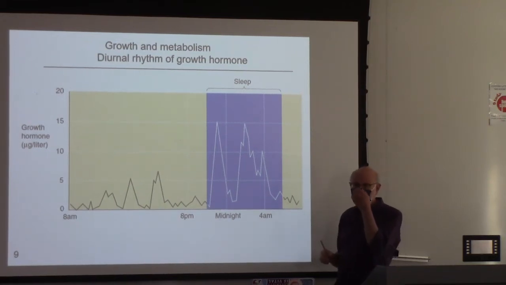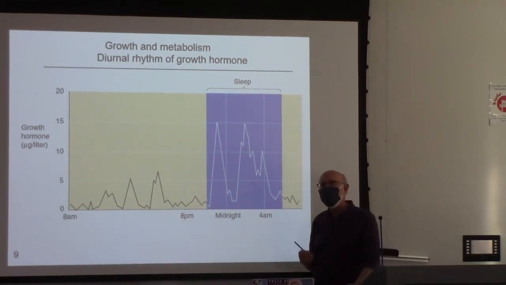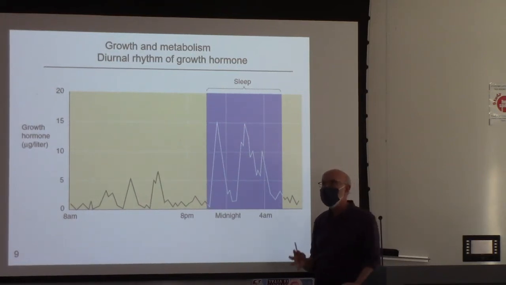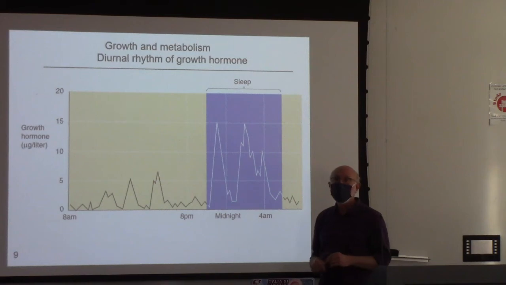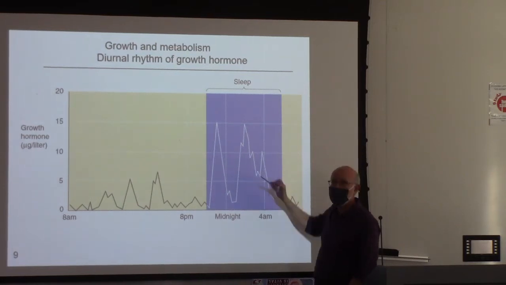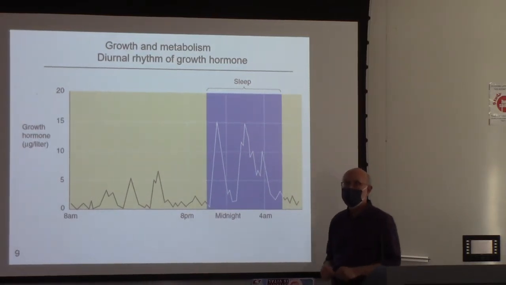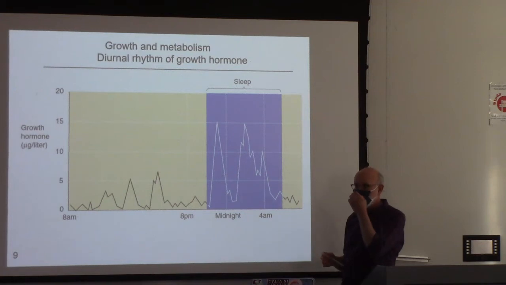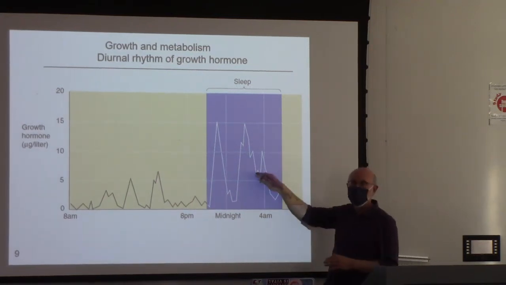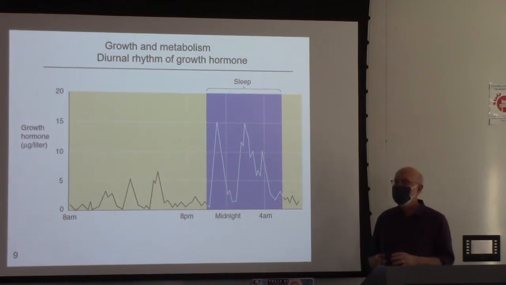So children who are chronically sleep deprived or sleep interrupted, children who live in an environment where sleep is not stable or accessible, have a reduction of sleep and a reduction of growth hormone, and they tend to be small. Sleep interruption during childhood and puberty can inhibit growth by growth hormone.